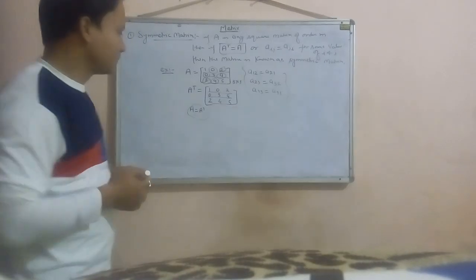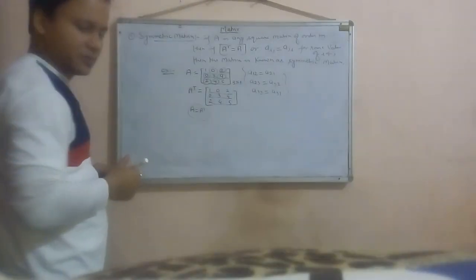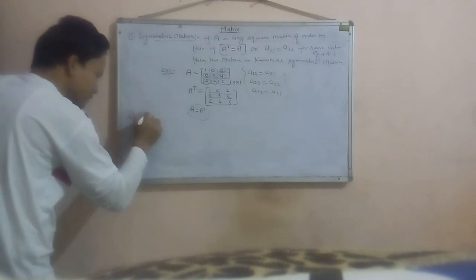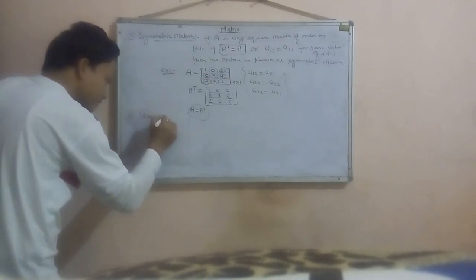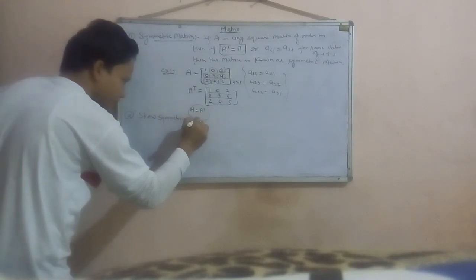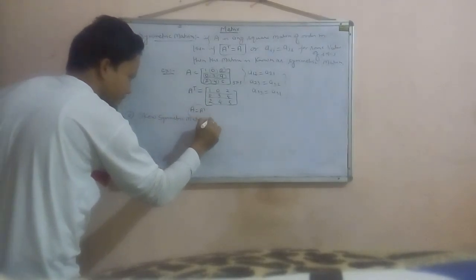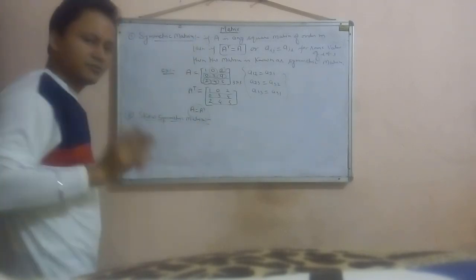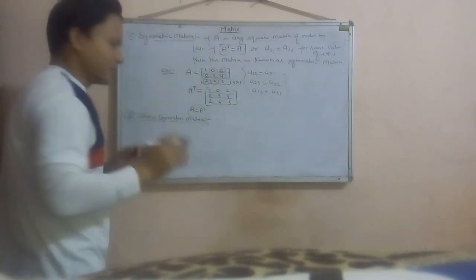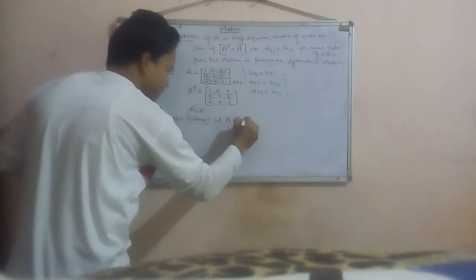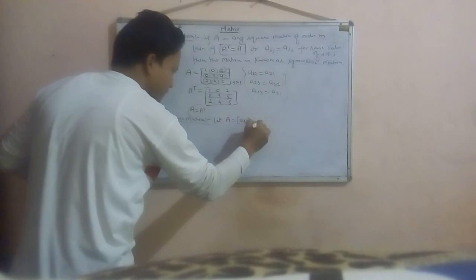Okay students. Now the second topic is the skew symmetric matrix. So what is a skew symmetric matrix? Same condition. The first condition is that the matrix should be a square matrix. Let A be any square matrix of order m cross n.